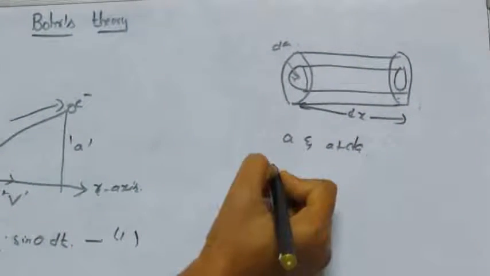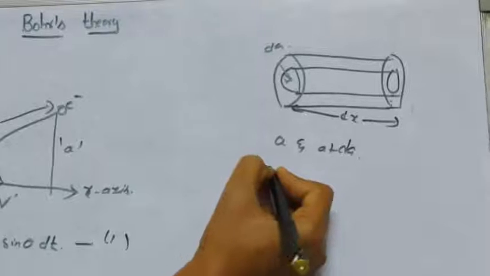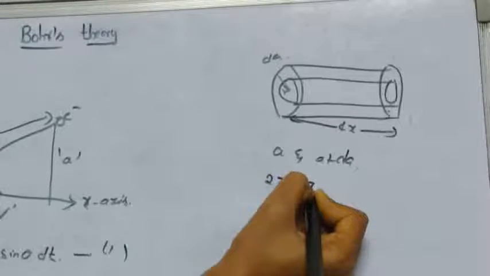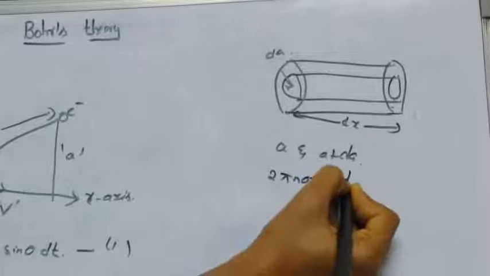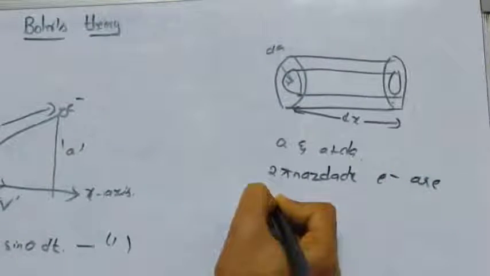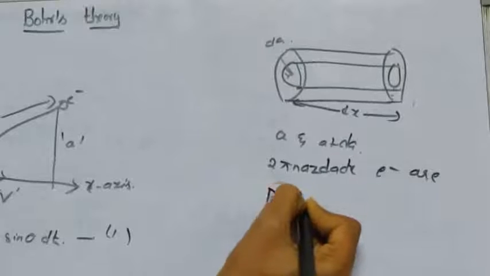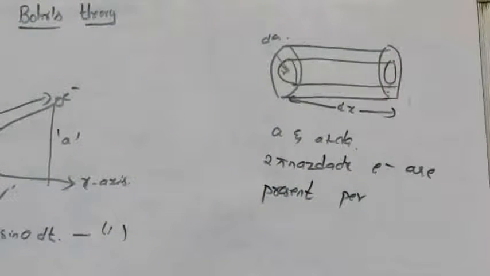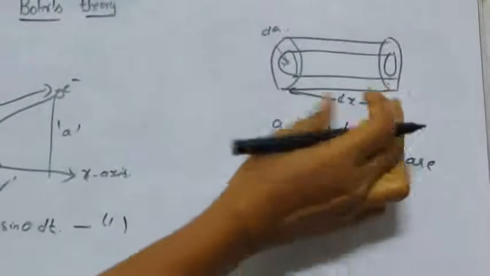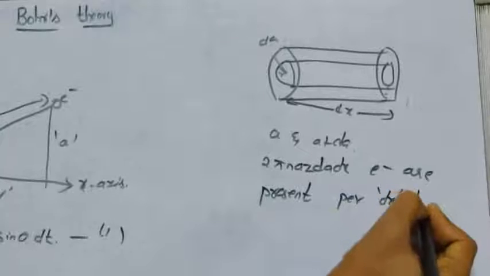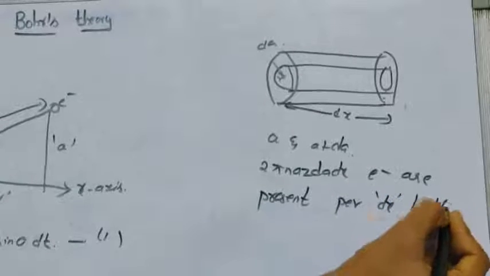We are going to assume that the 2 pi N a dA dx electrons are present per dx length of the cylindrical shell, where dx means the total length of the shell.